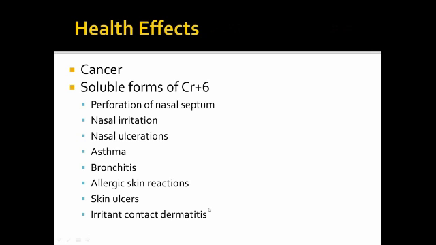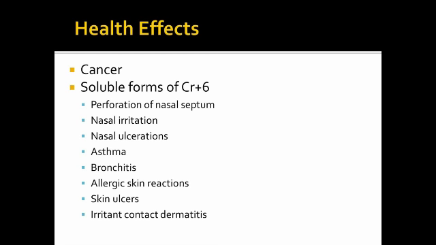Cancer is the most common issue that we have, or the reason OSHA implemented this standard was because of hexavalent chromium's carcinogenicity. There are other health effects related to hexavalent chromium, and I've listed them here on this slide. Many of these health effects have been associated more with the chromic acid form and soluble forms of chromium.